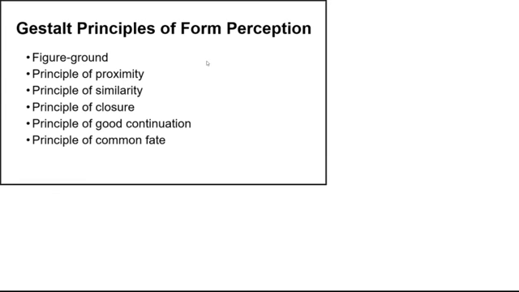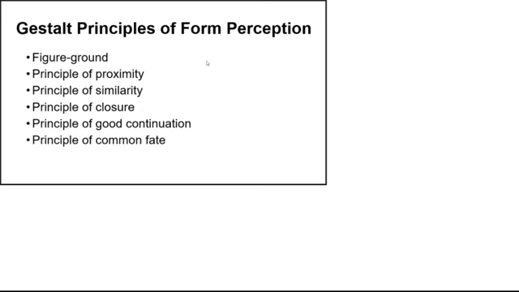But first, I want to take a brief detour into talking about Gestalt psychology, or specifically the Gestalt principles of form perception. Gestalt psychology is really focused on the fact that humans have this amazing capacity to perceive a lot more from a situation than the individual elements might imply. So we tend to look at a scenario as a whole, and we tend to be able to derive meaning from it.